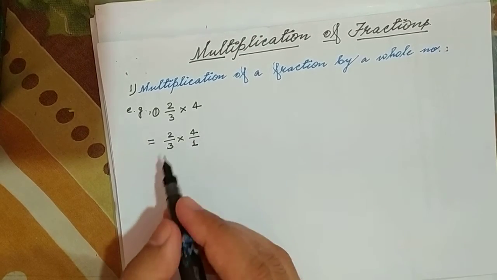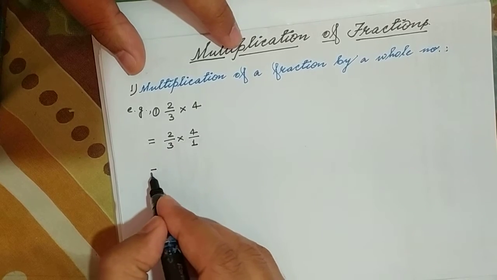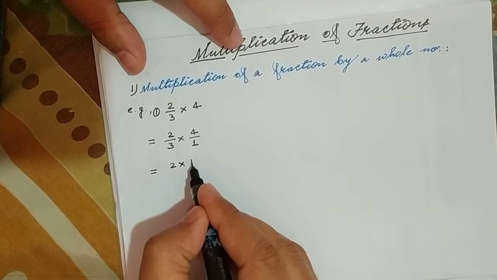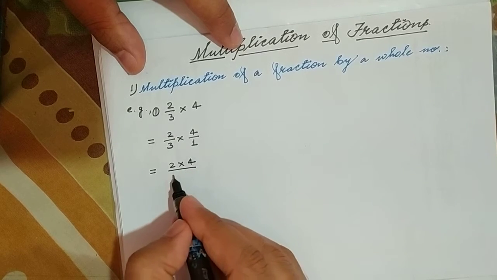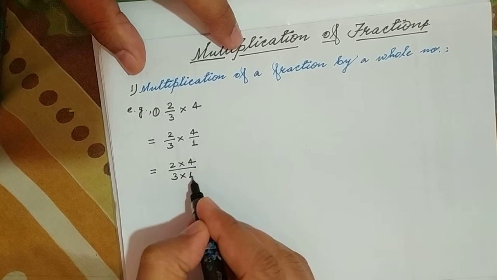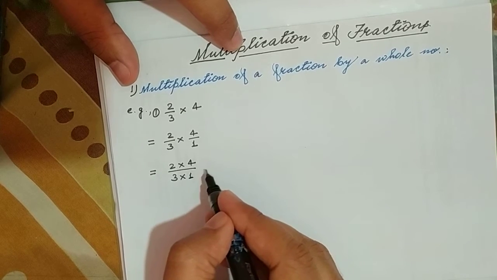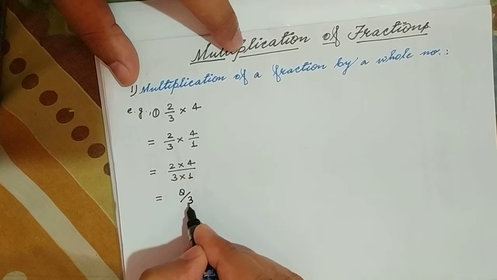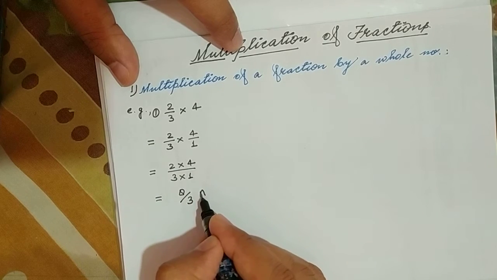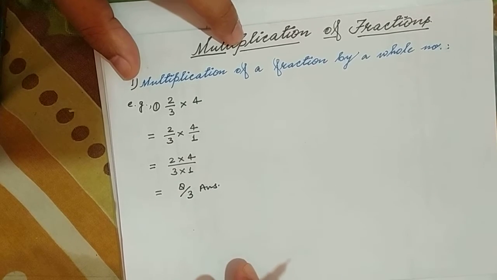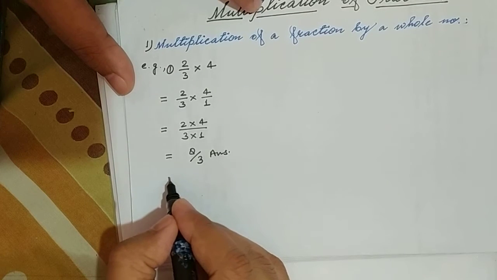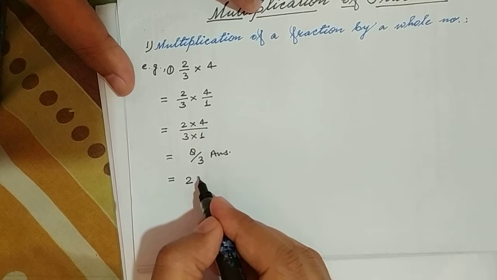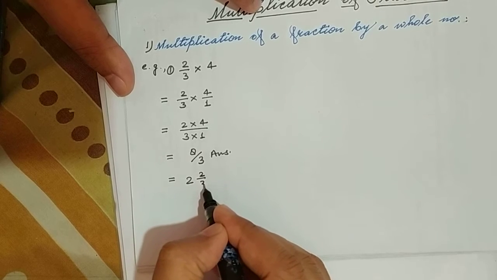So now simply we'll multiply the numerators. 2 into 4, 3 into 1 is equals to 8/3 is the answer. If you wish to change this into mixed fraction, you can. This 3 twos are 6, 7, 8, 2/3.